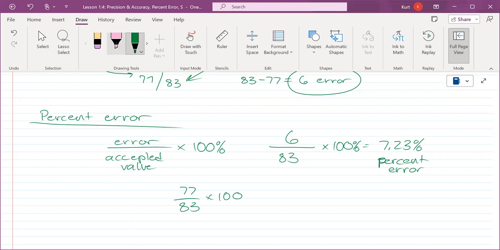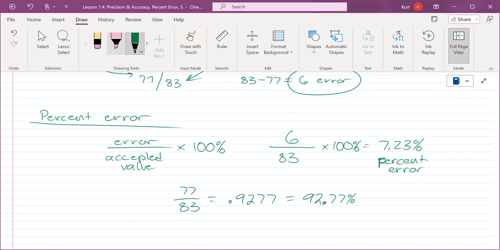Do that in your calculator. You can figure this out without even doing the 100. I got 0.9277. That would be 92.77%. So he got an A.